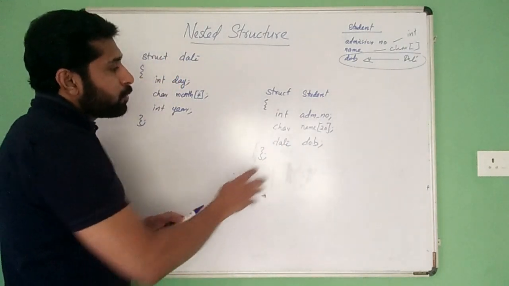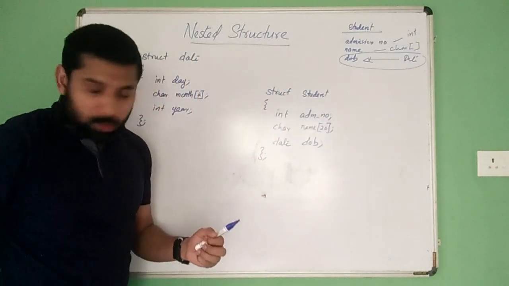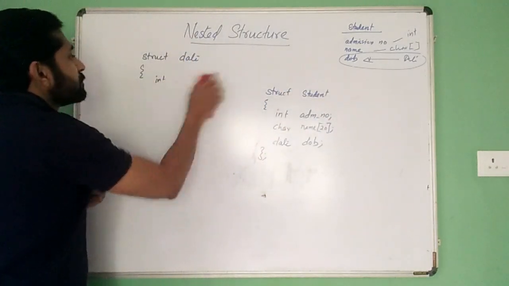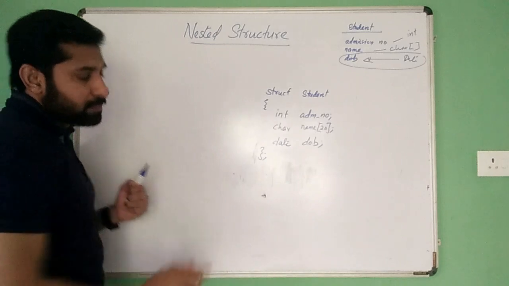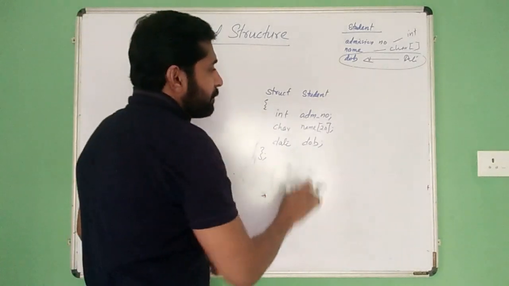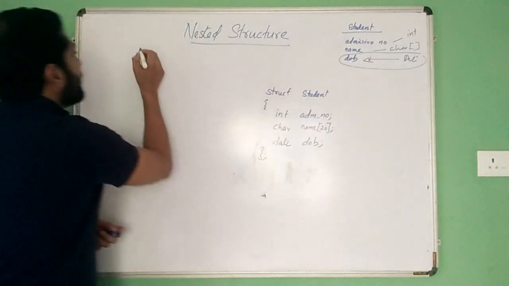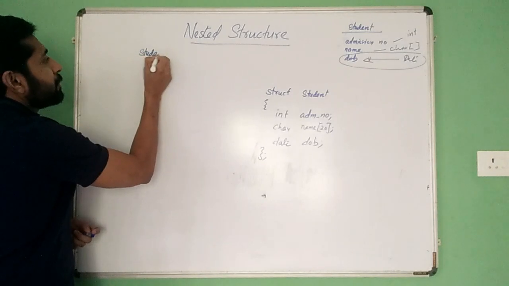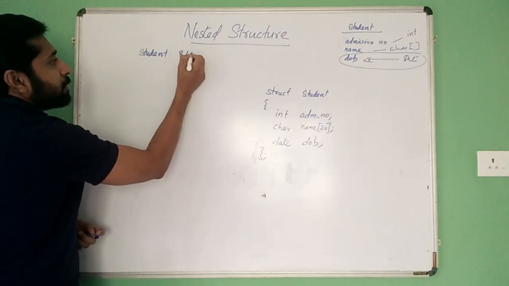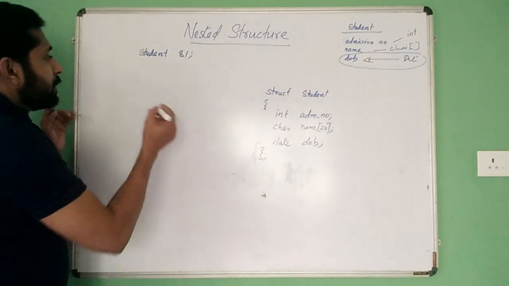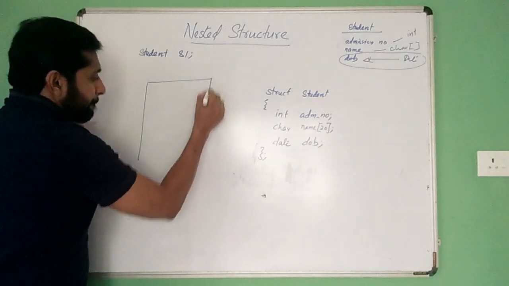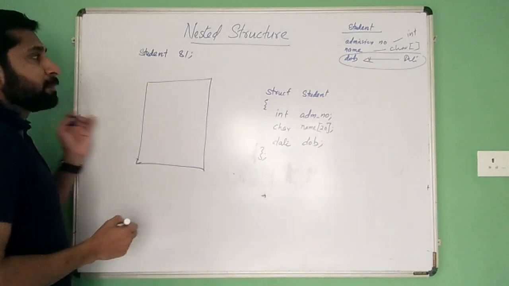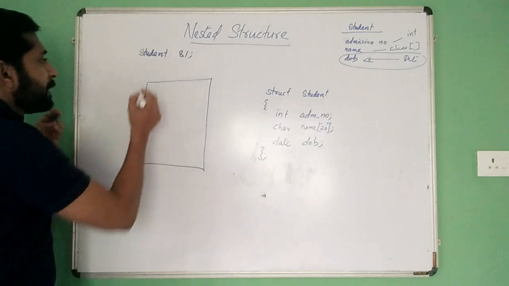Now, how does the memory allocation look? Here we are creating a variable student S1. Memory will be reserved for S1.